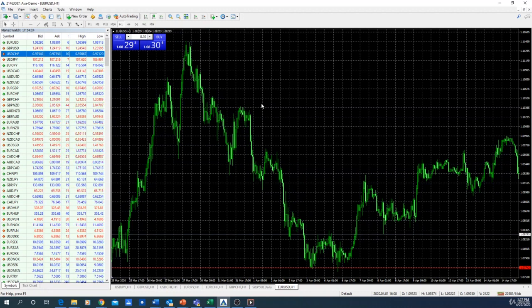So the more money the broker gives you access to, the less margin you will have to leave to trade. But the less the broker gives you access to, the more margin you will have to leave. Once again, you'll see this when you place your first trade. You will have to leave a certain margin.